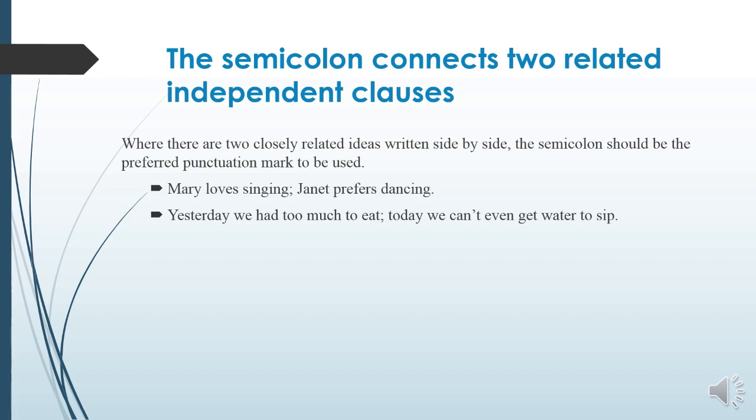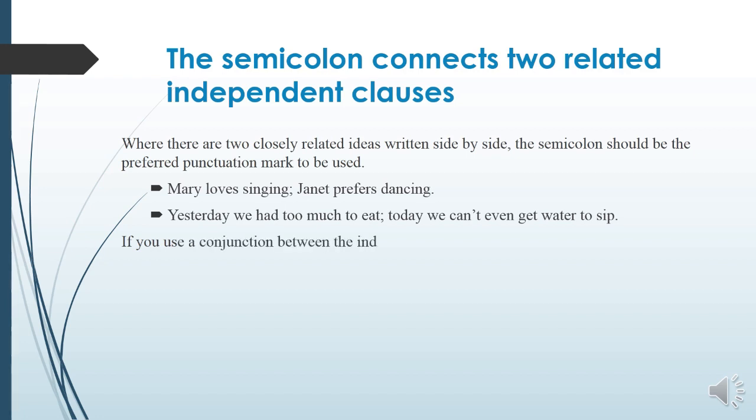And when you read out, you can observe the pause between the two independent clauses. Mary loves singing; Janet prefers dancing. Likewise, the second sentence: Yesterday we had too much to eat; today we can't even get water to sip.